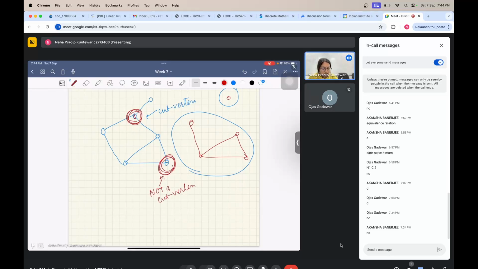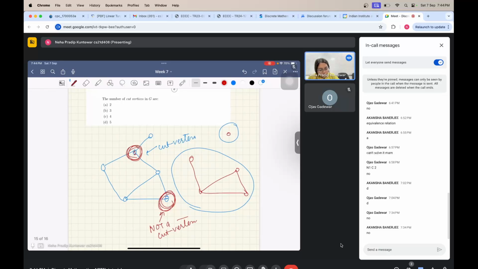So the question is essentially asking you: a cut vertex is the one where you delete the vertex and the graph degenerates into more than one connected component.